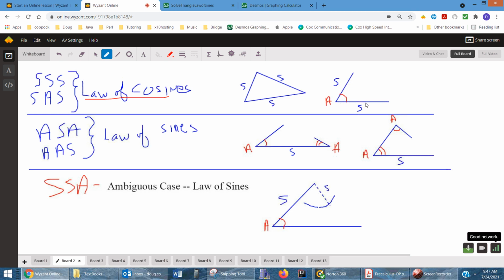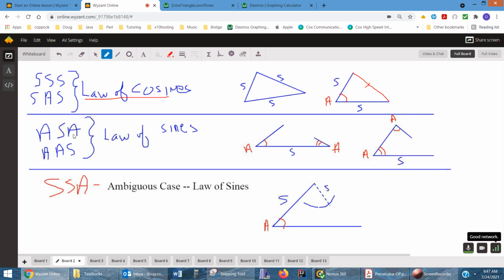For side angle side, the length of the third side is predetermined, so you can find the missing side by the law of cosines, and then use the law of sines to find one of the other angles, and then the triangle sum theorem, the angles have to add up to 180, to find the third angle.